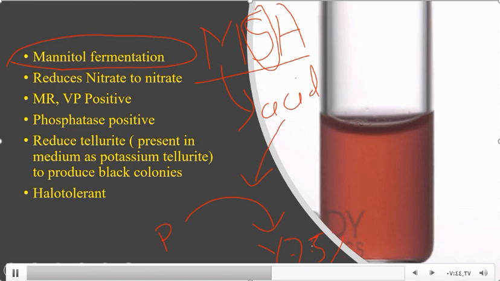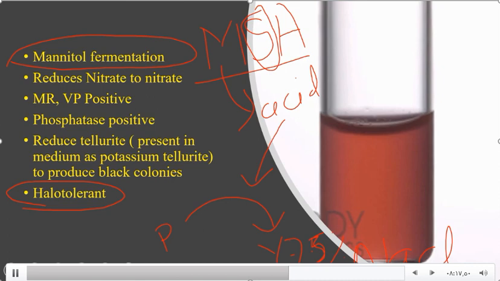Staphylococcus aureus are halotolerant bacteria, which means they can tolerate salt. Together, in the mannitol salt agar, Staphylococcus aureus ferments the mannitol, produces acid, and changes the color from red to yellow. In that way we can see whether the bacteria ferment the mannitol or not.